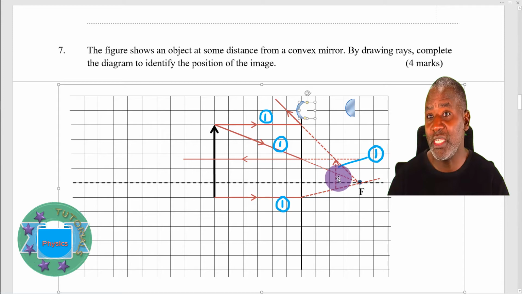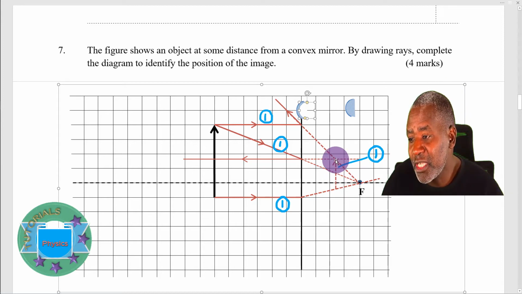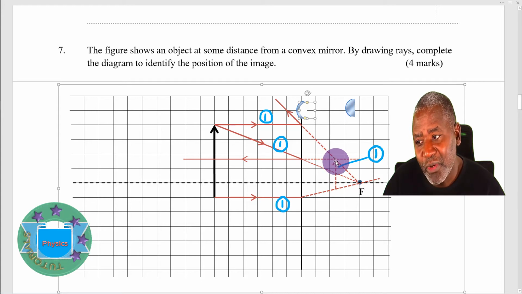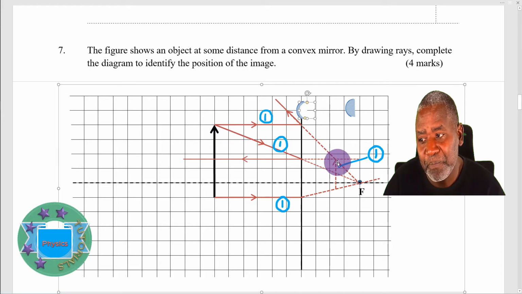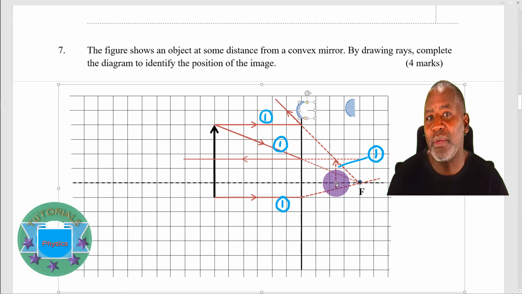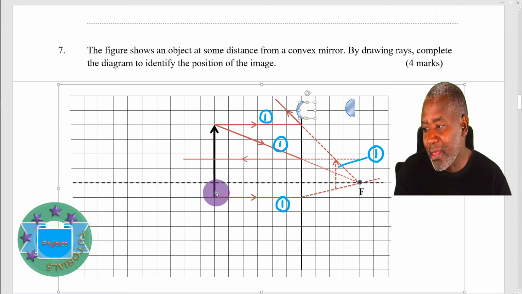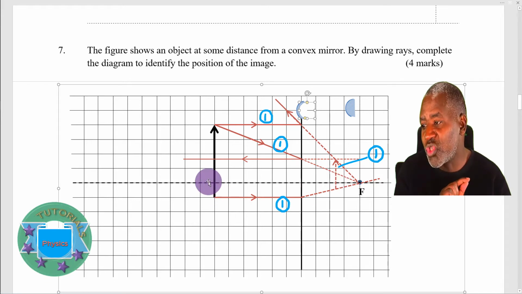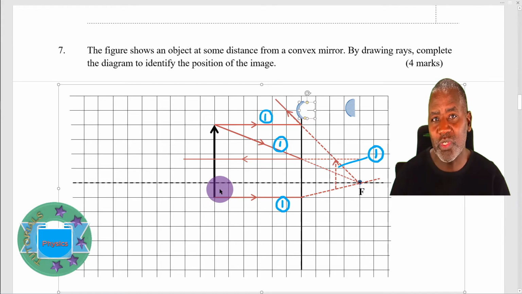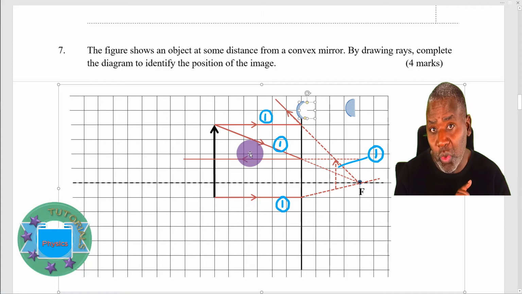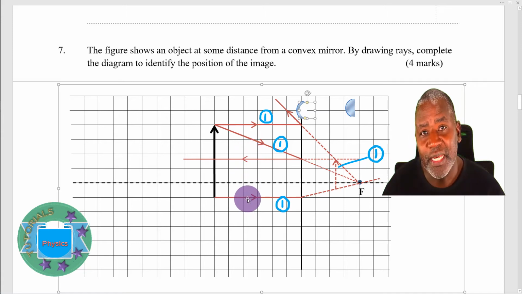And it will be so easy for you to identify the position of the image, because the moment you identify the head, you just draw a vertical line here, it touches the principal axis, and then you put an arrow there, because that is where the head is formed and the tail will be formed here. It will be so easy, but the examiner can make it a little bit complicated by making the tail not sit on the principal axis, as in this question. So we are forced to repeat these laws for the tail.